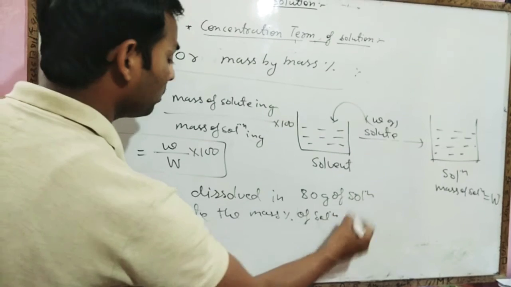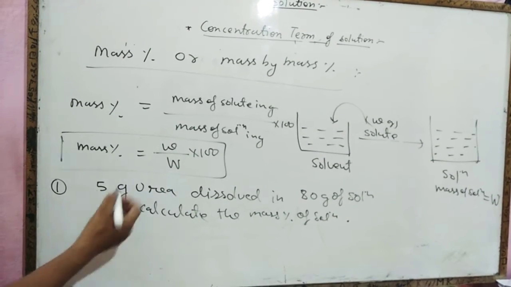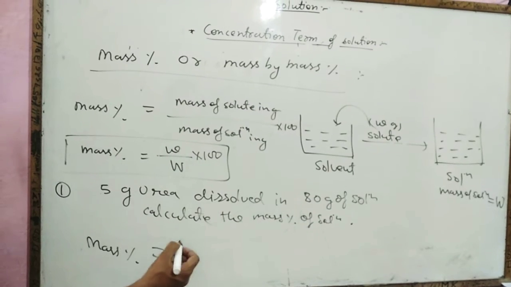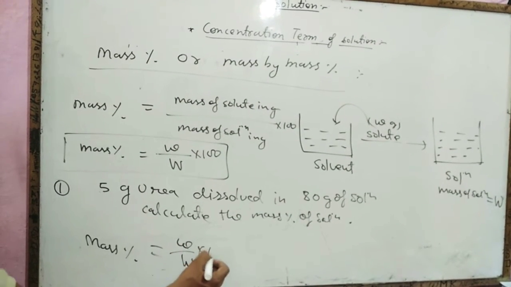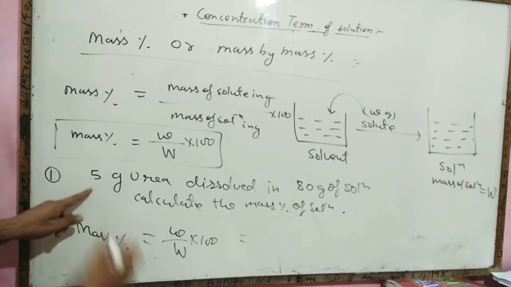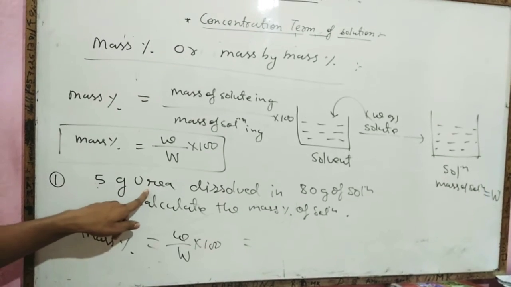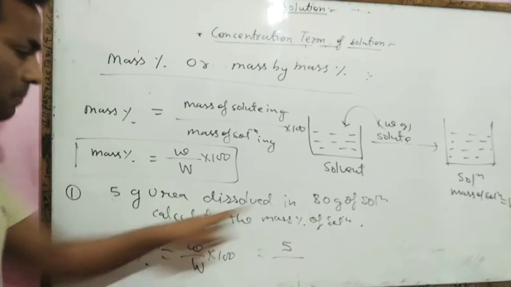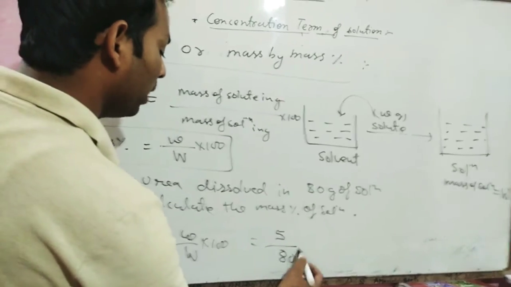It is very easy. According to the formula, mass percentage equals mass of solute upon mass of solution into 100. Look here, 5 gram urea is the solute, so the solute amount given is 5 gram upon the mass of solution given, 80 gram, into 100.